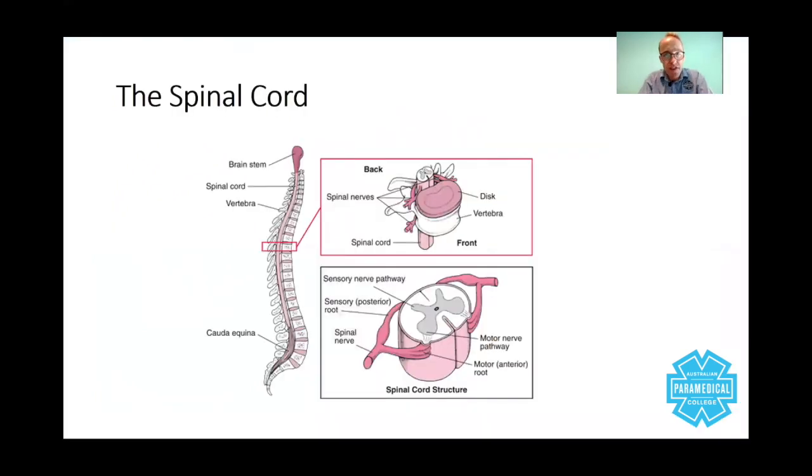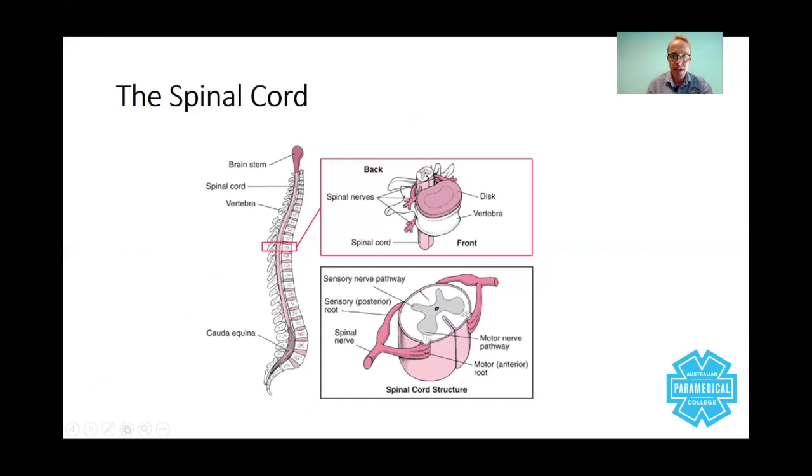So we've mentioned that the central nervous system includes the brain and the spinal cord. I had to put this in here because you need to know that the spinal cord runs down through the spinal vertebrae. Now these parts here are the back or the posterior portions of the vertebrae. These are spinal processes. Imagine if there was a patient attached to this spine, they would be facing that way.